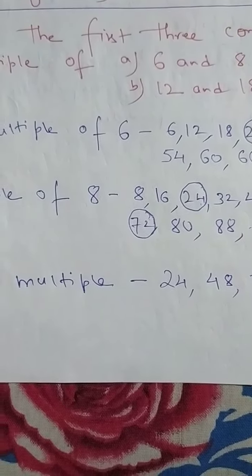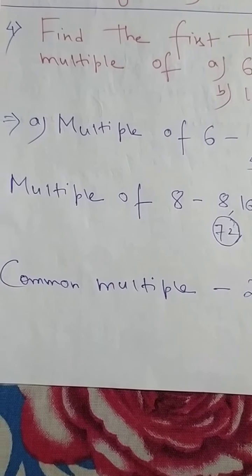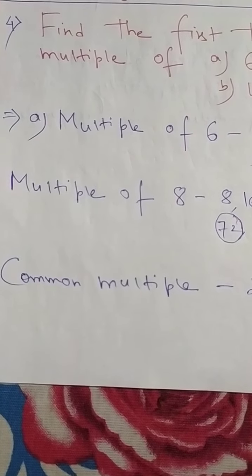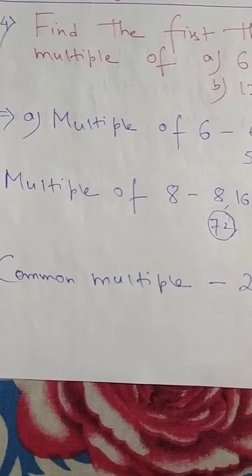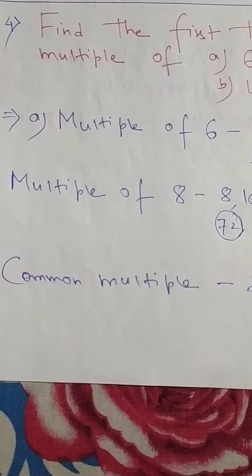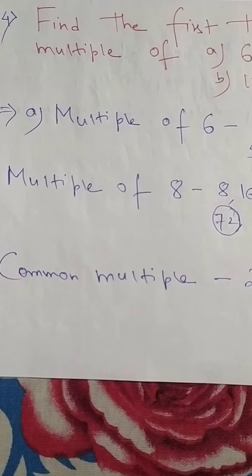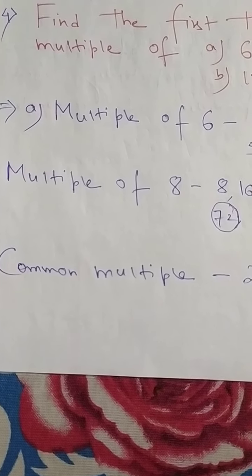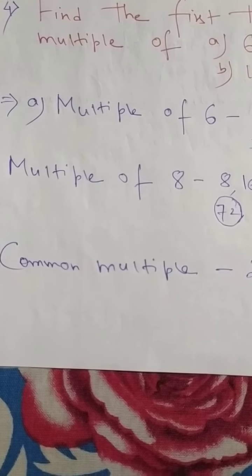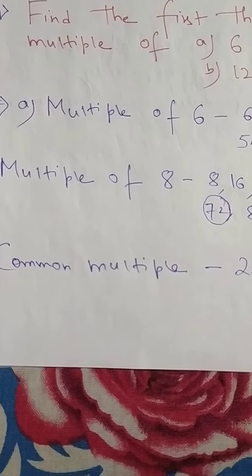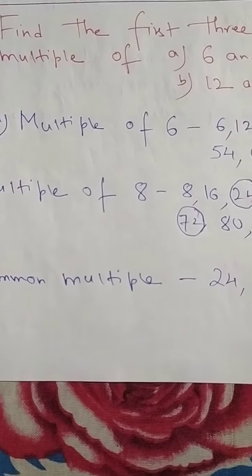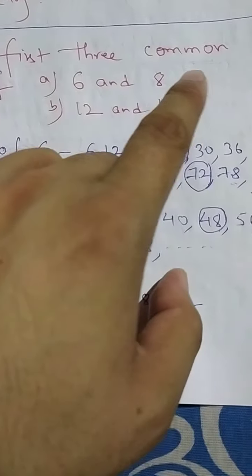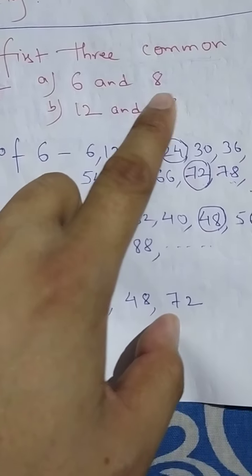So what is the meaning of multiple? Now multiple is nothing but the tables. For example, if I say you write down the multiples of 3, what you will do? We will just write down the table of 3. 3 ones are 3, 3 twos are 6, 3 threes are 9, like that way. Okay. Then the question is, you have to write down the first 3 common multiples of 6 and 8.